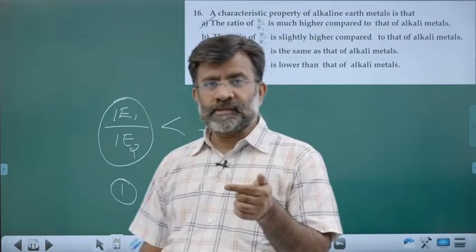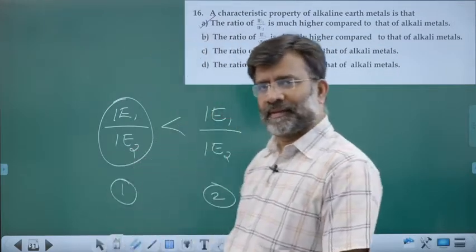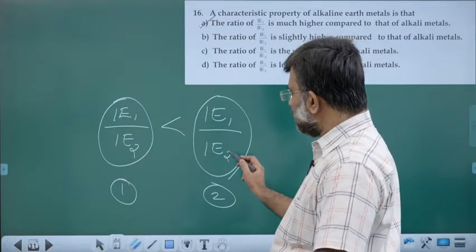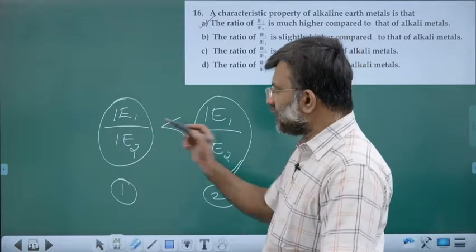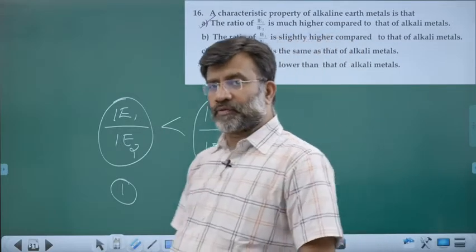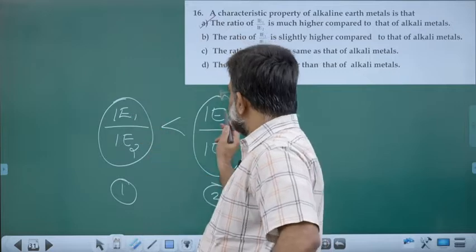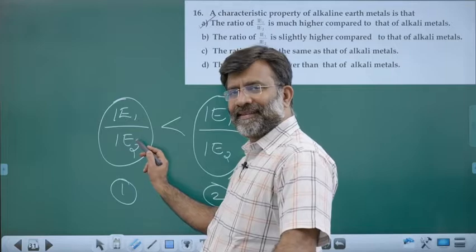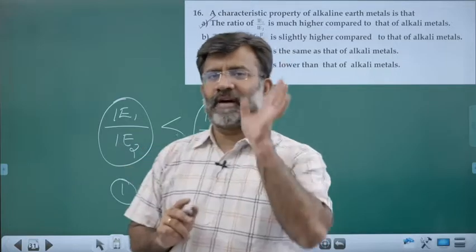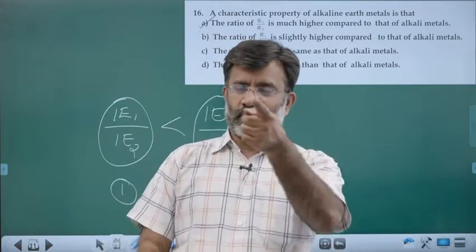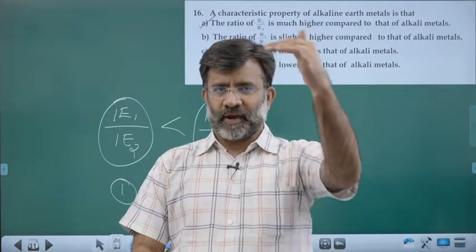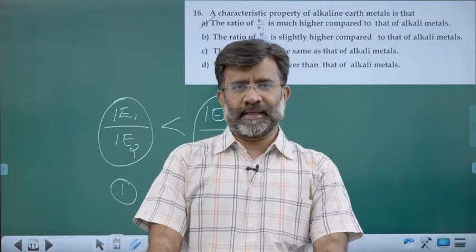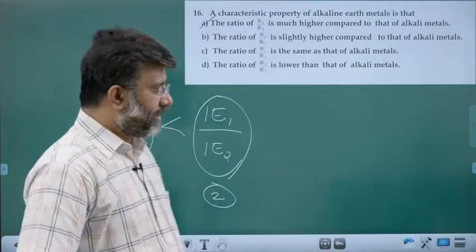While when you compare IE1, IE2 of group 2 versus group 1, because group 1 has only one valence electron, IE2 for alkali metals will be high. Therefore, the IE1 by IE2 value will be low. I think it is clear. Next question.